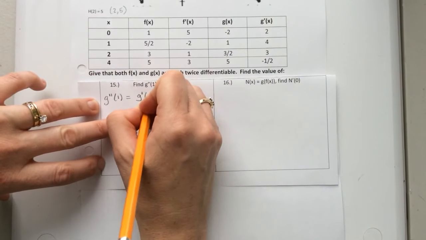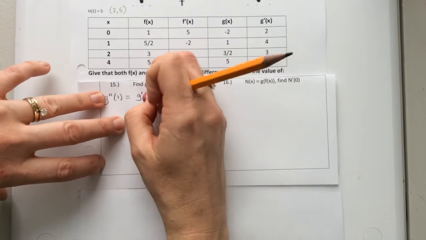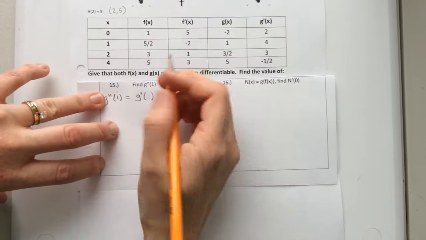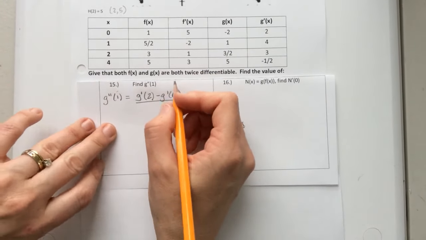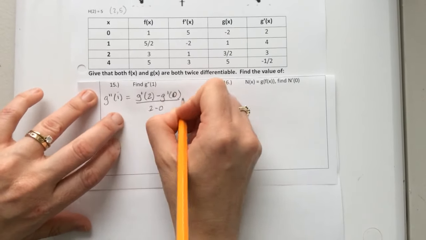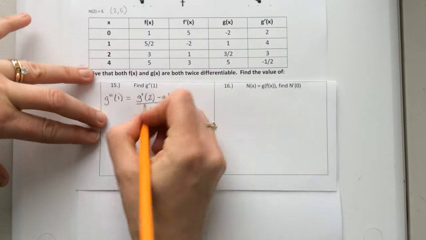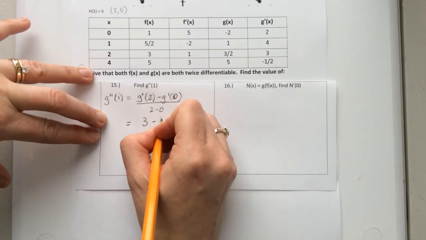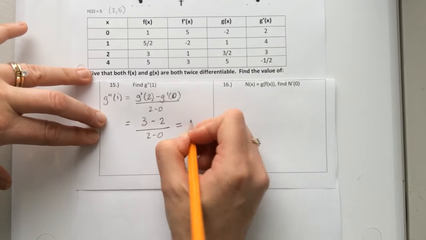So g prime of 2 minus g prime of 0 all over 2 minus 0 equals g prime of 2 is 3, g prime of 0 is 2, and we get 1/2.